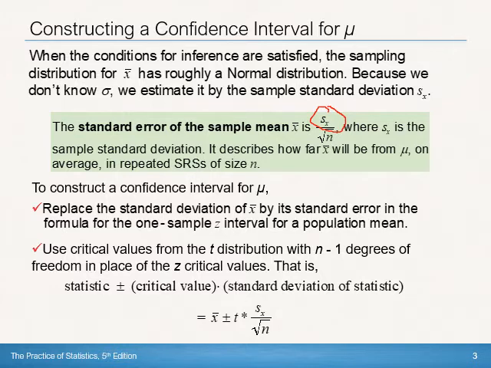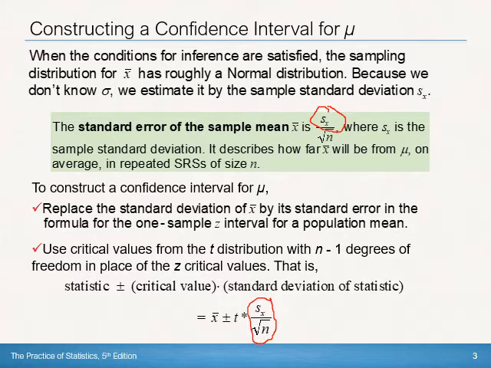So the standard deviation of the sampling distribution, which we use as part of our margin of error, will substitute out the sigma and put in the s, the standard deviation of our sample data. This means that we're dealing with the standard error rather than the standard deviation of the sampling distribution.